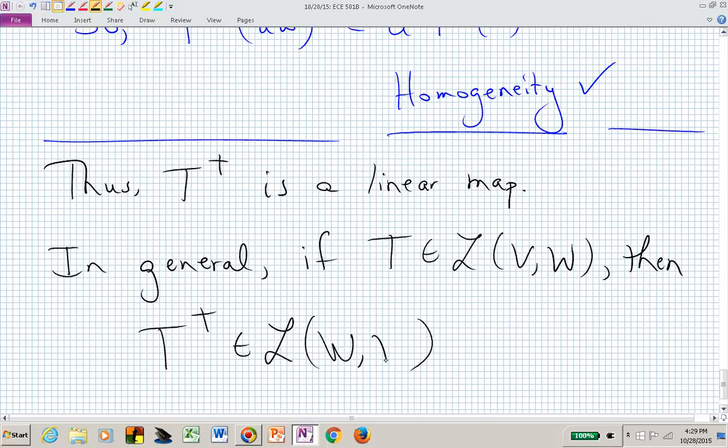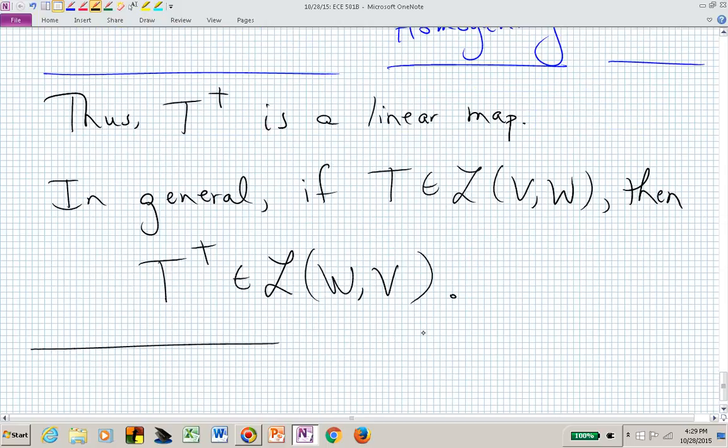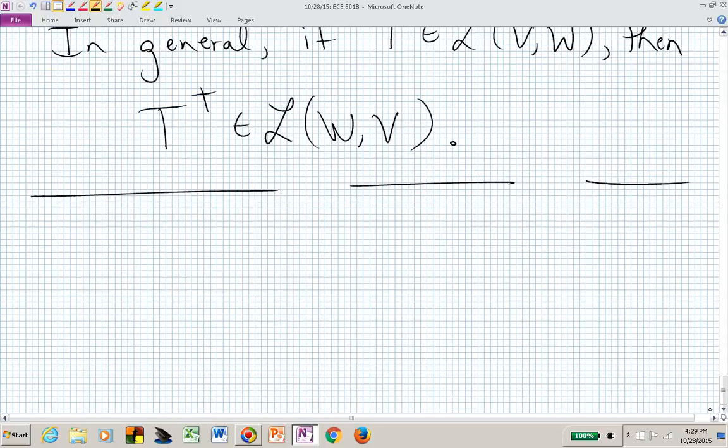That now takes W to V. The adjoint also enjoys some other properties. Let's just write those down.